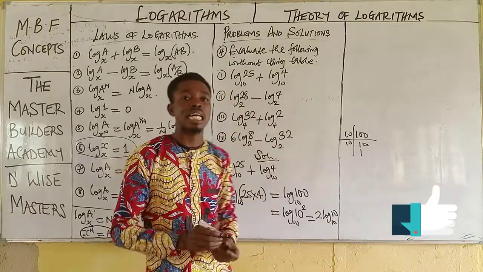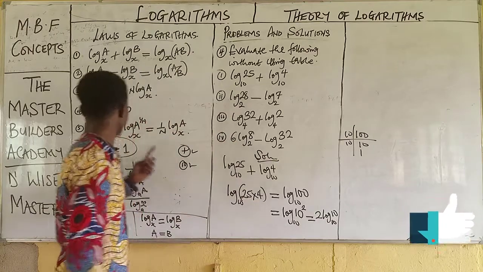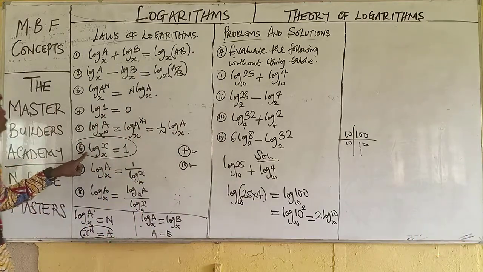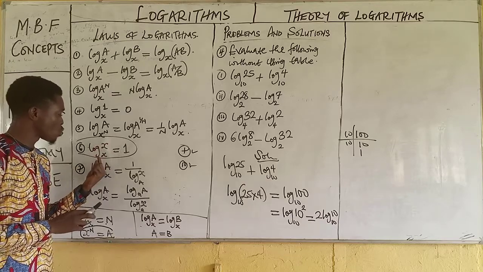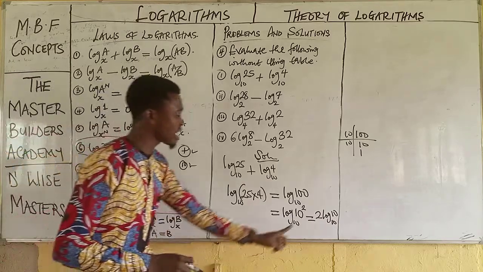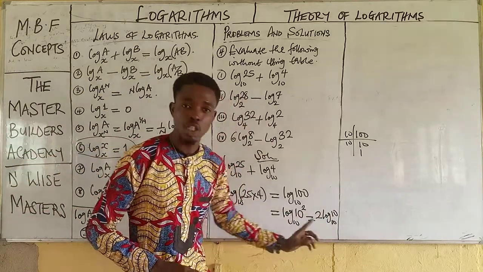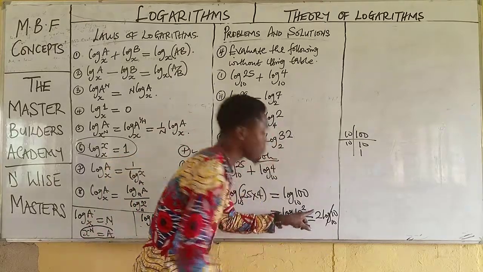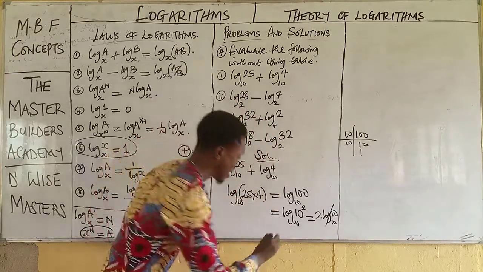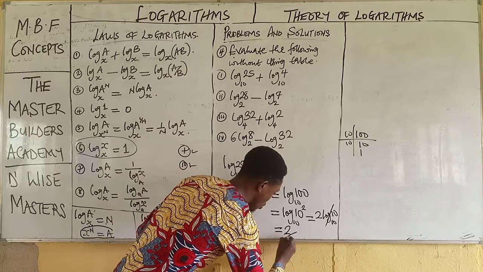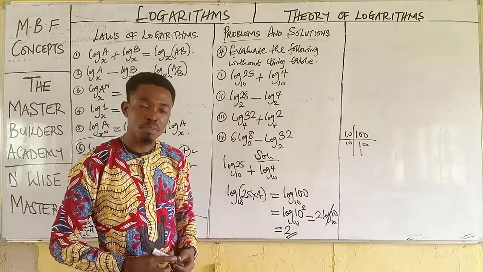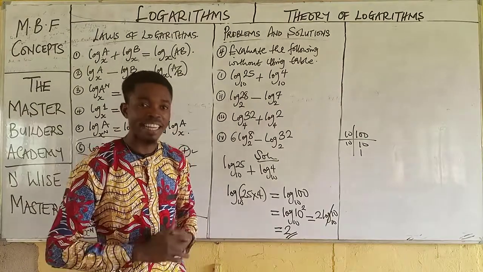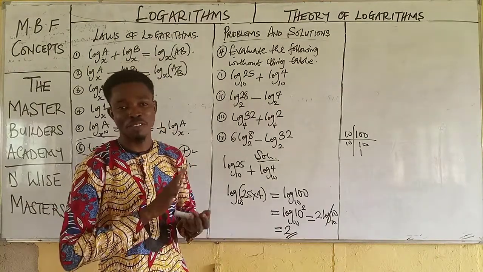And we understand that the sixth law of logarithms, as we have on the board, says that the log of a number to the same base is 1. That means log 10 base 10 is 1. And 1 multiplied by 2 is 2. Hence, the answer to this question is 2. Guys, is this not simple? Very, very simple. I think I deserve half of an applause, right?